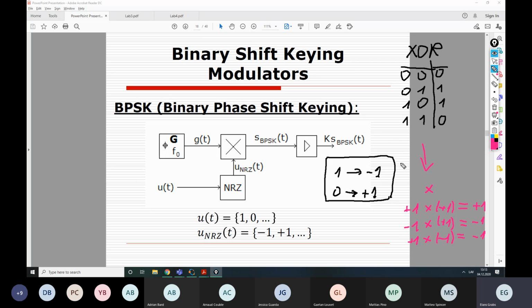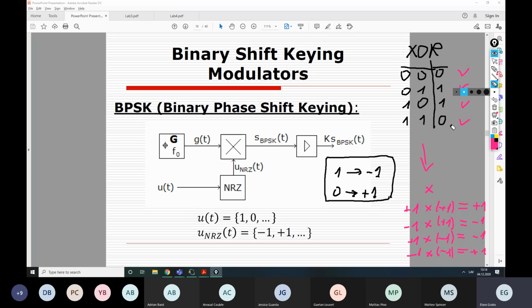Now, if both are -1, the result is 1. So as you can see, these two operations in this case are equivalent. So basically here we have 0, 0, 0, which is this. Here we have 1, 0, 1, which is this. Here we have 0, 1, 1, which is this. And here we have 1, 1, 0, which is this.